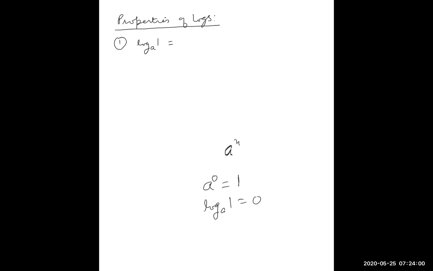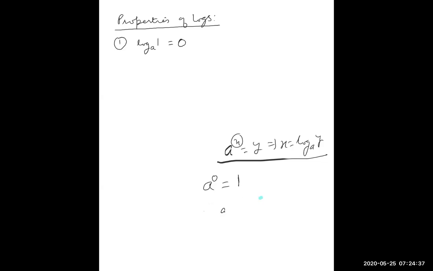If a raised to power x is equal to y, then x is equal to log y to the base a, where x is input and y is output. So log a of 1 is equal to 0. That means log a of 1 will always be 0, whatever the base may be.